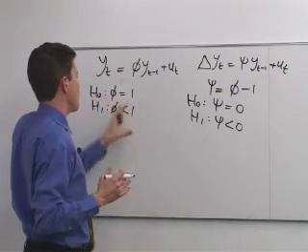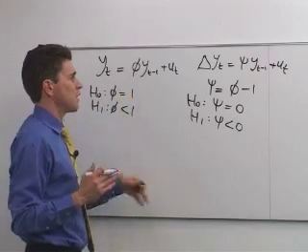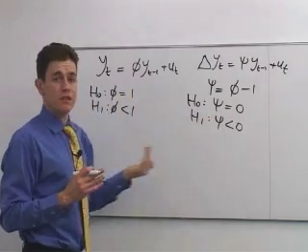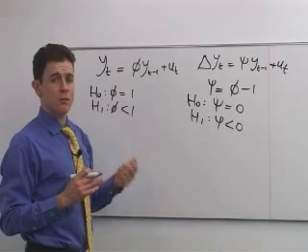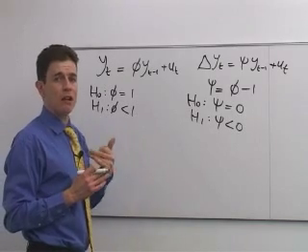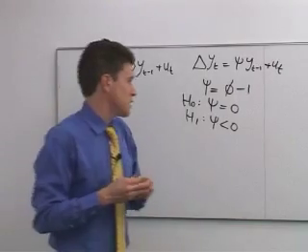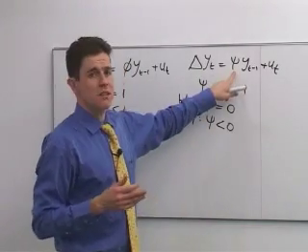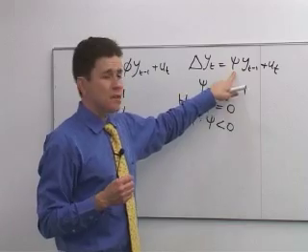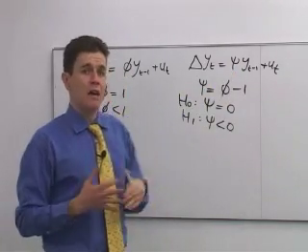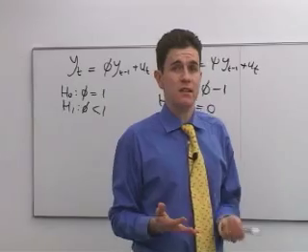So instead of having to calculate the value of the test statistic, we can simply look at the value of the t-ratio, which any regression package will automatically calculate for us. So we calculate the value of our test statistic, which is given by the estimated value of this parameter divided by its standard error, and that is the Dickey-Fuller test statistic.